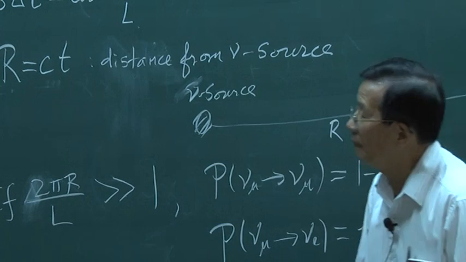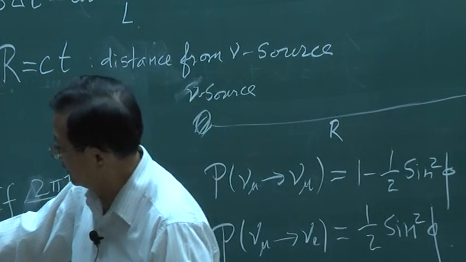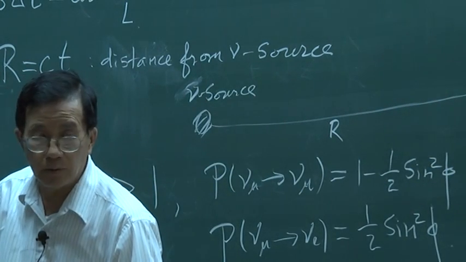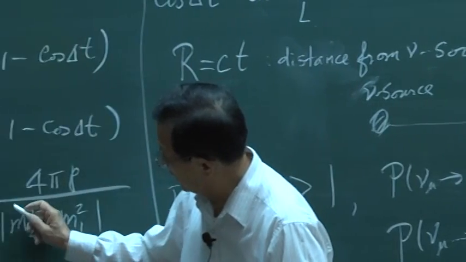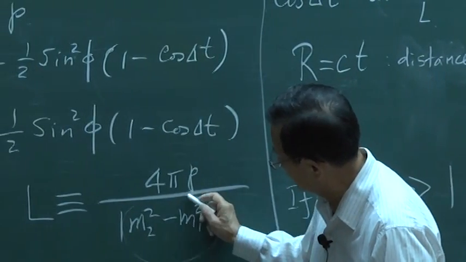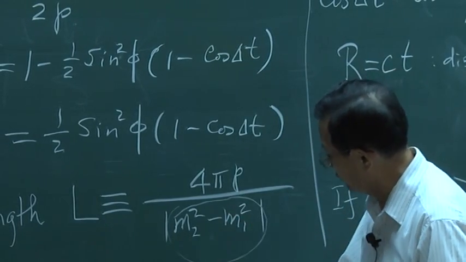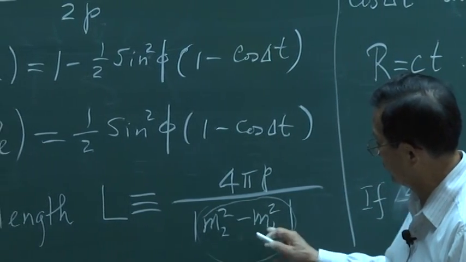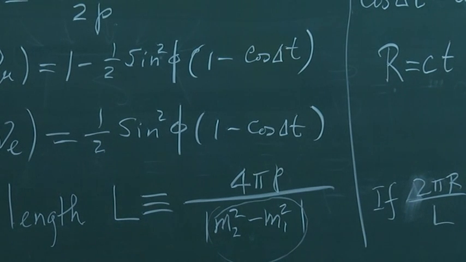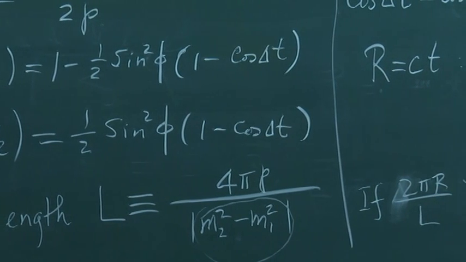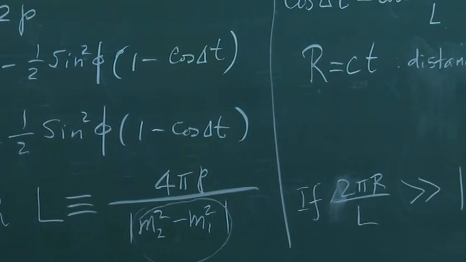Okay? Now, because of this, neutrino oscillations can only give you information about the differences of the mass squares of the neutrinos. You cannot get directly the information about masses.